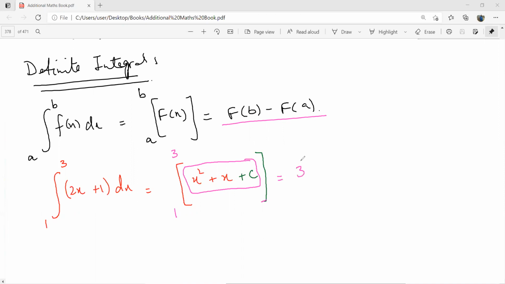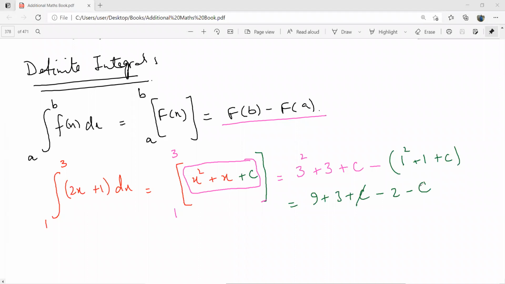That is going to be 3 square plus 3 and then plus c, and then minus, next you will be writing f of 1, and you better use the brackets here. This is 1 squared plus 1 plus c, so this is 9 plus 3 plus c minus 1 plus 1, that is 2, and this is minus c.